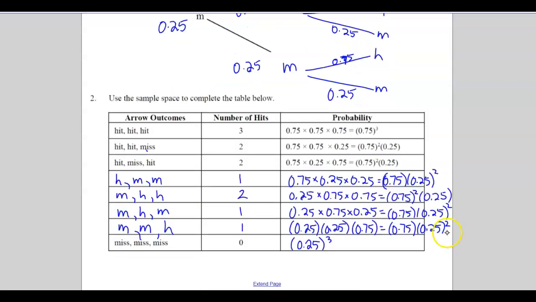Taking a look here, I just abbreviated H and M for the minute. In these, I kept the 0.75s at the beginning. So that had to be squared, one of them. But you'll notice there's a total of 3, because there's 3 events happening 3 times.